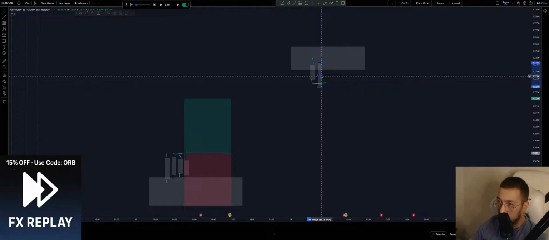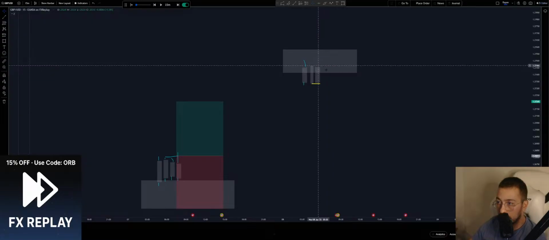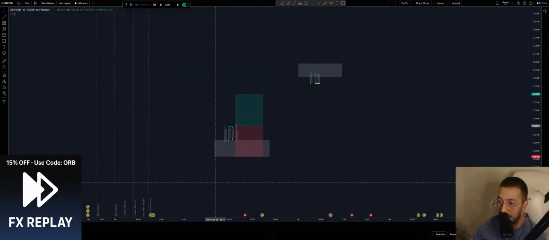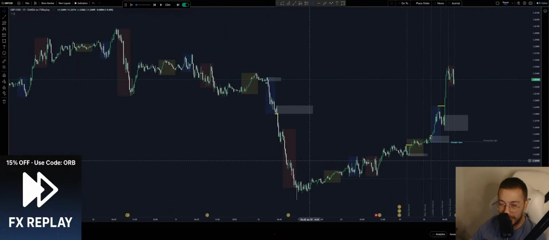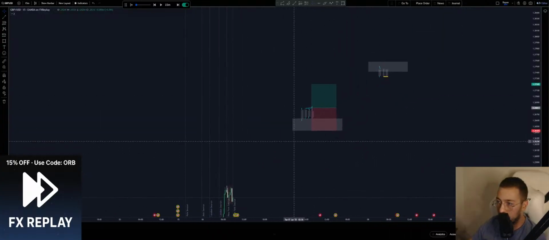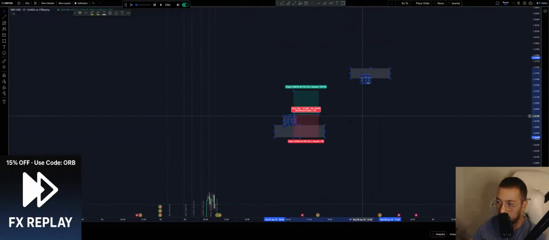If this candle failed to break this low, then we'll be waiting for the next candle to break the low of the candle. You forget the first candle, you look for the second candle, etc. That is basically all of the strategy. I know it's a bit overwhelming maybe, but you could ask me any questions if you don't understand anything, or just go over the video again and then it's actually very straightforward.